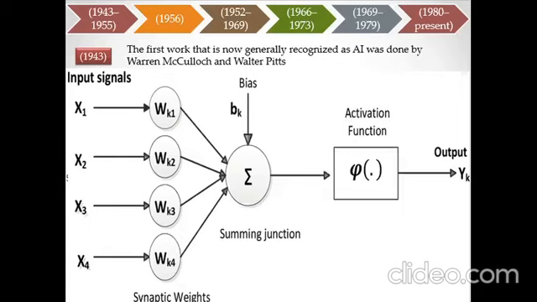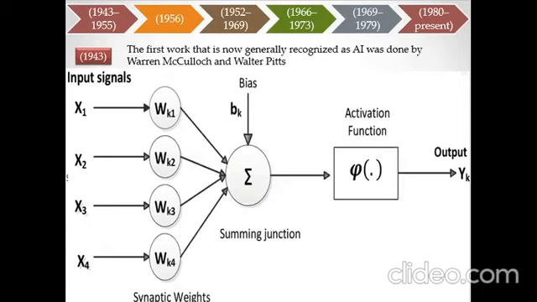Whenever we provide any inputs, that input is multiplied with the weights, and then that signal is given to the summing junction. Now in this diagram, we see the term called bias. The bias is an extra input which is provided to the network to enhance the performance.